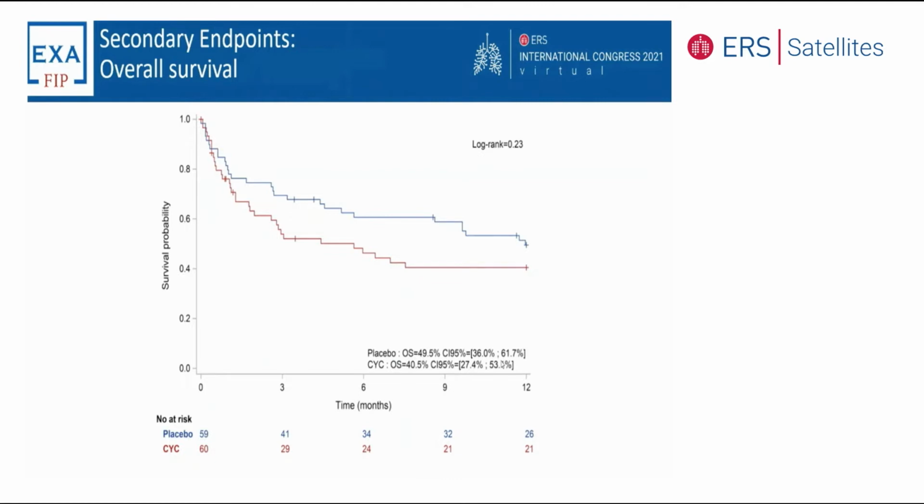And as you can imagine, now we know that we don't have to use cyclophosphamide pulses in the therapy of acute exacerbation. Most importantly, a higher risk of death has been associated with severe IPF, so with low FVC. And importantly, the patients who were receiving antifibrotic therapy had a 30% lower probability of mortality.